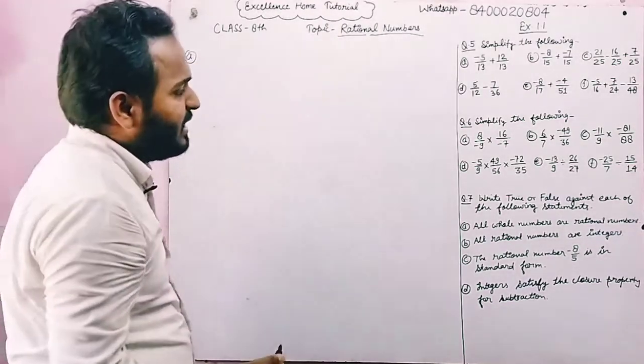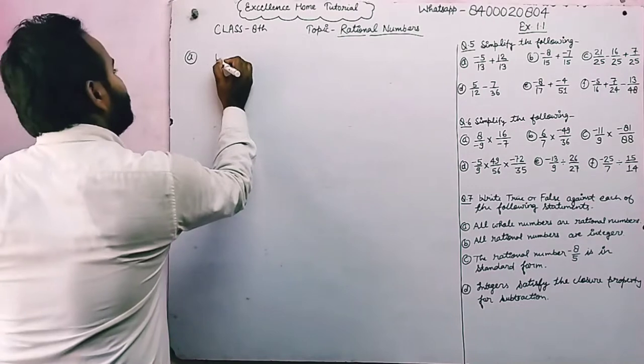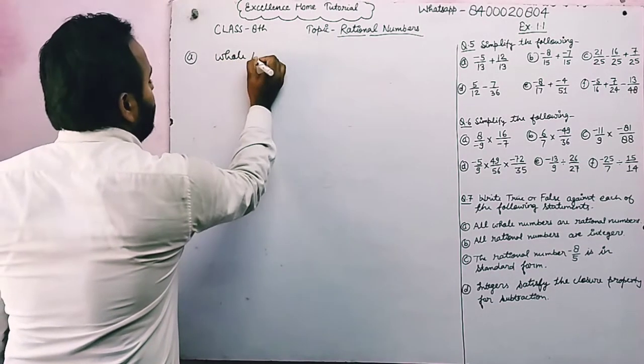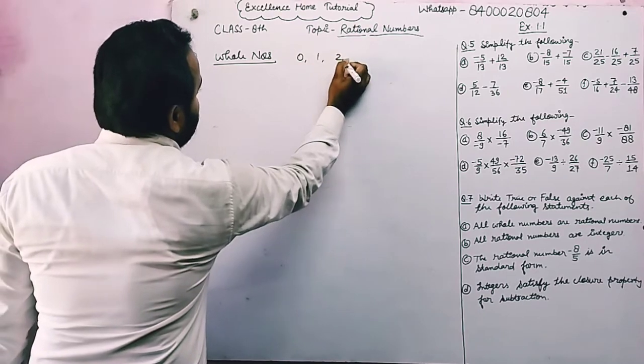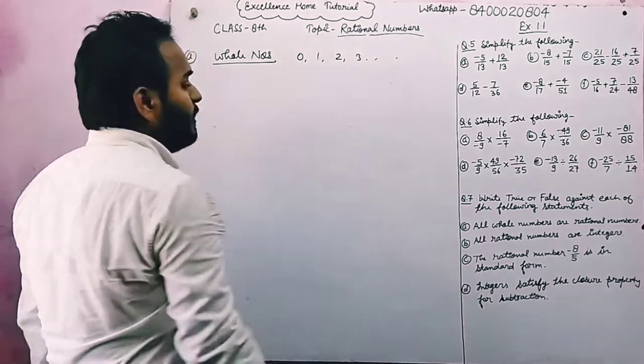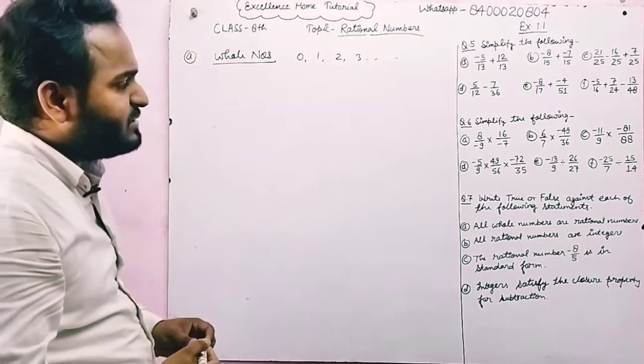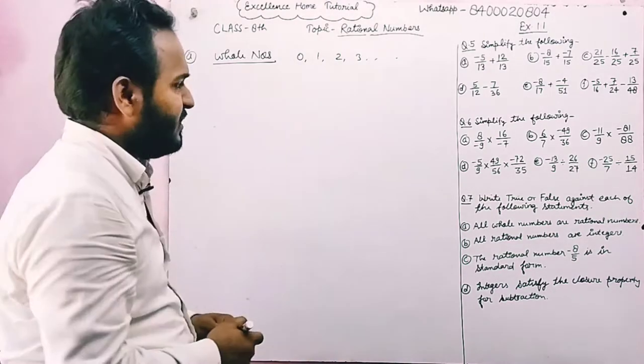all whole numbers are rational numbers. So first of all, you have to write whole numbers, that start from 0, 1, 2, 3 and so on. And the statement says that they are rational numbers.